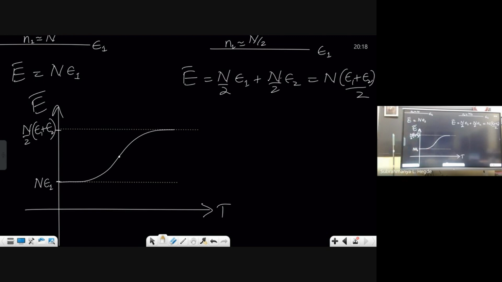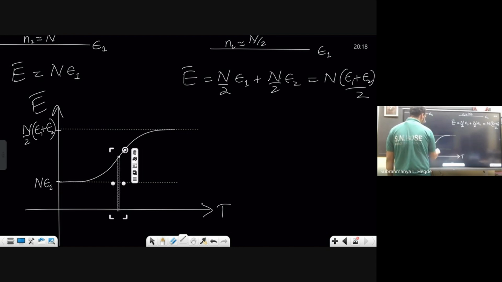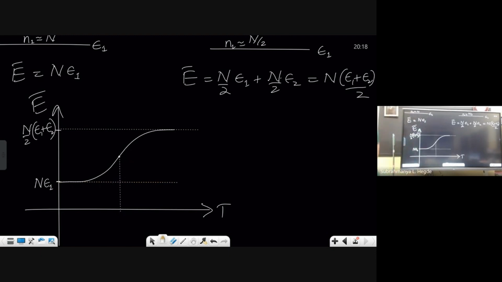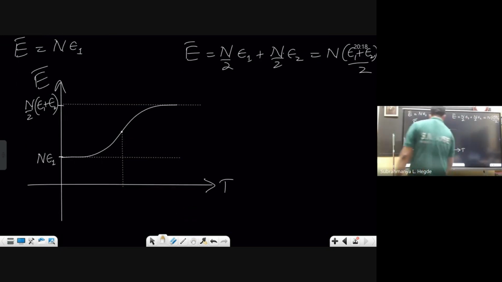Now he's asking approximately at what temperature it changes. He's expecting this qualitatively. To take the derivative, you need the actual expression. I don't know how we can predict this particular temperature.